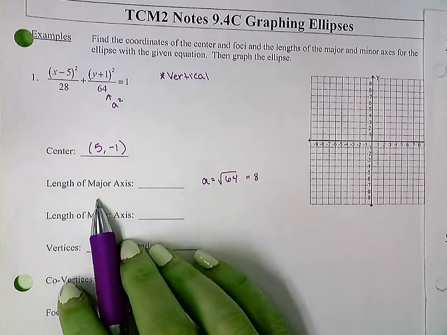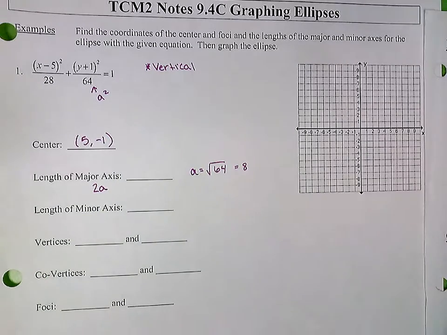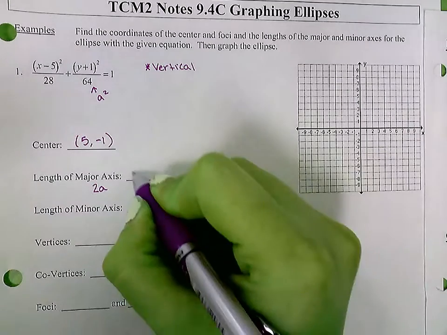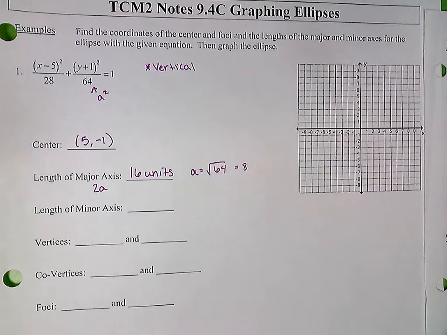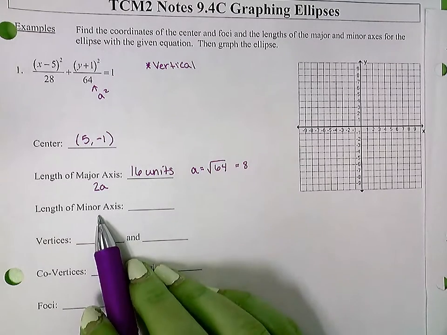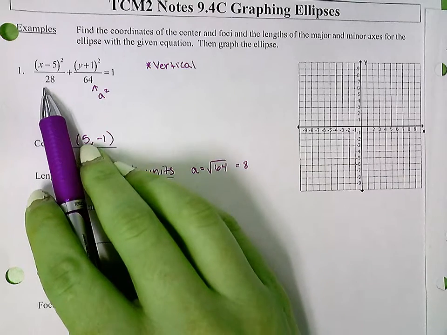Now, to find the length of your major axis, you're going to multiply a by 2. So 2 times 8 is 16. Next, I need the minor axis. That has to do with your b value.